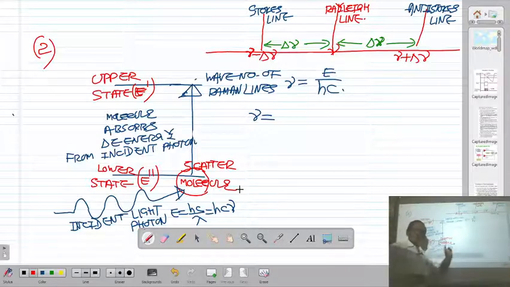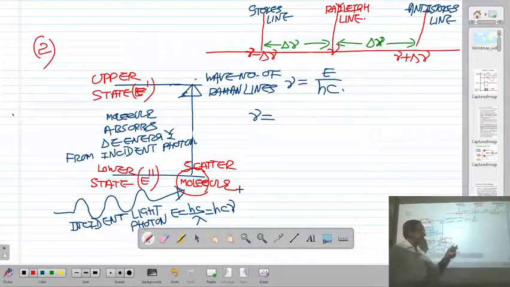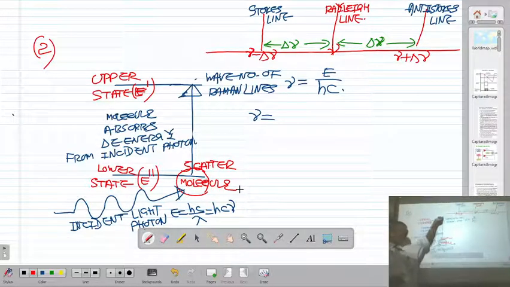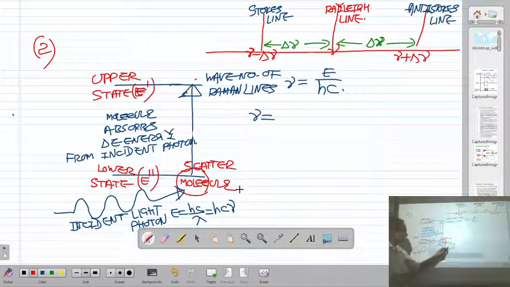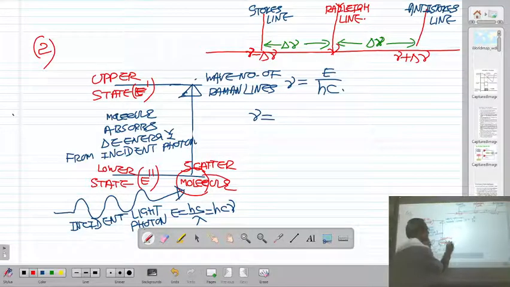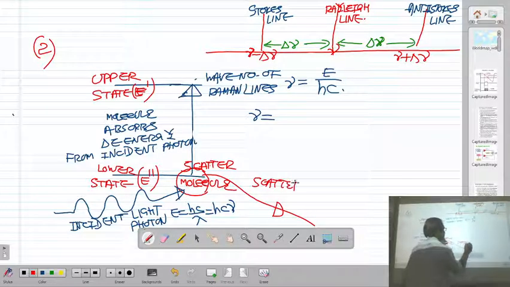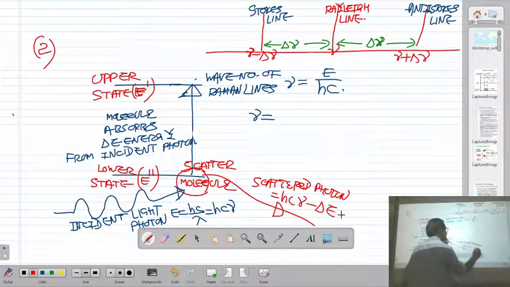When this light photon collides with the scattering molecule, the scattering molecule absorbs ΔE energy from the energy hν of the incident light photon and goes from the lower energy state to the higher energy state. Therefore, the energy of the scattered photon will be hν minus ΔE.